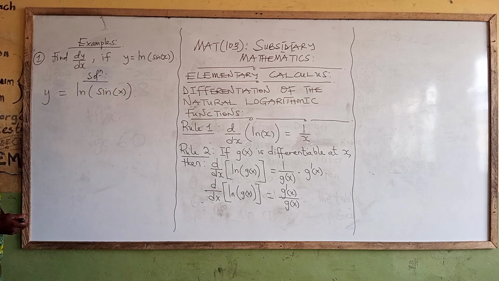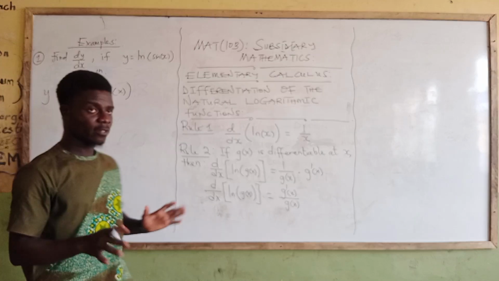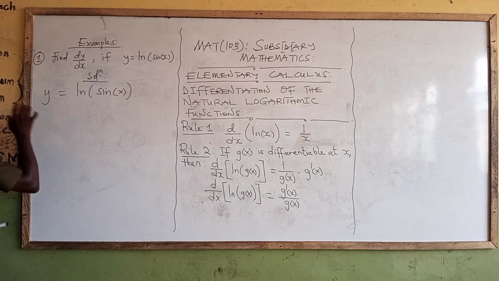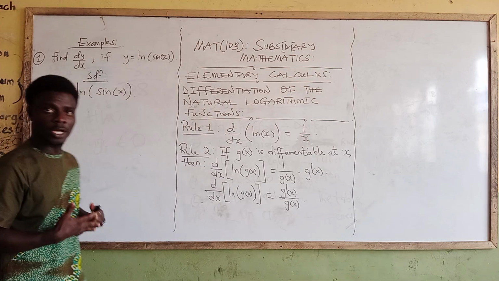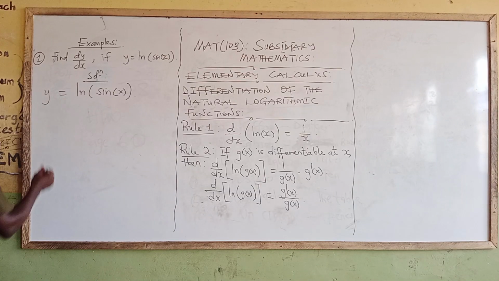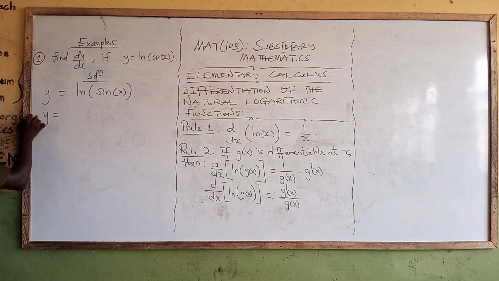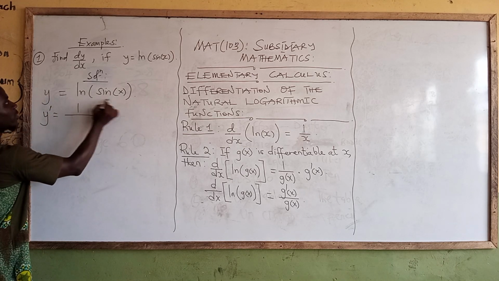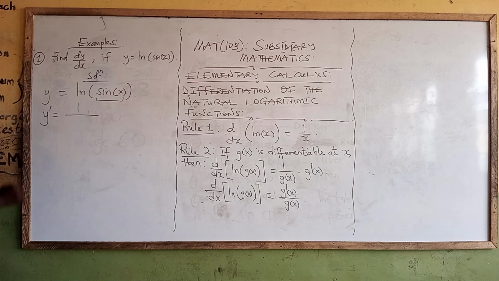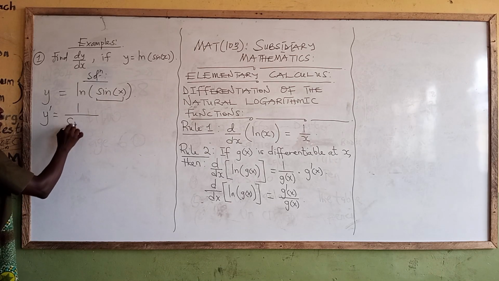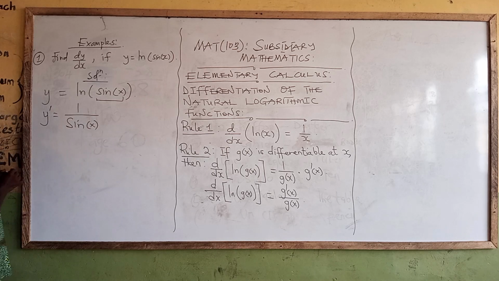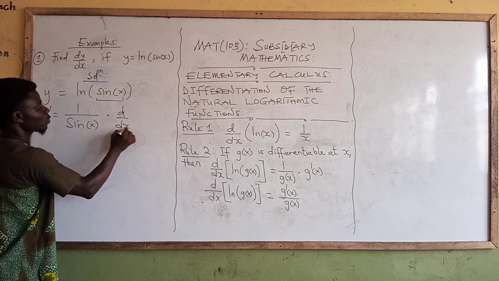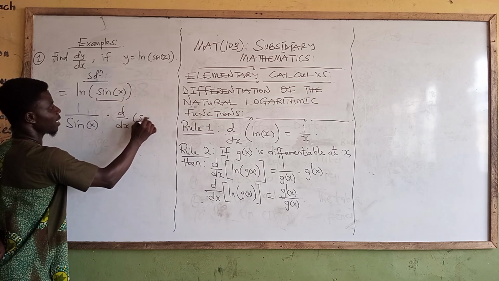Don't forget, if you want to differentiate the natural logarithmic functions, we take 1 over the function here, that's sine x, then times the derivative with respect to x of the expression sine x.